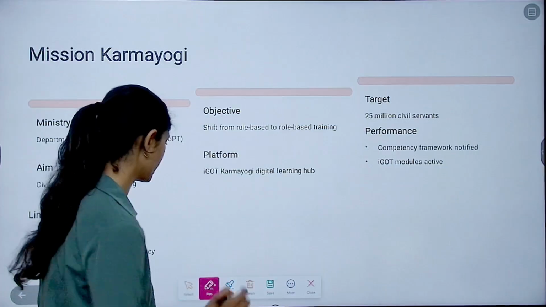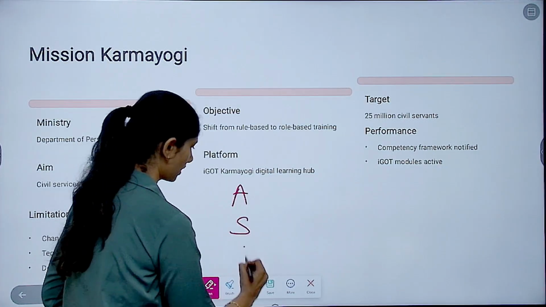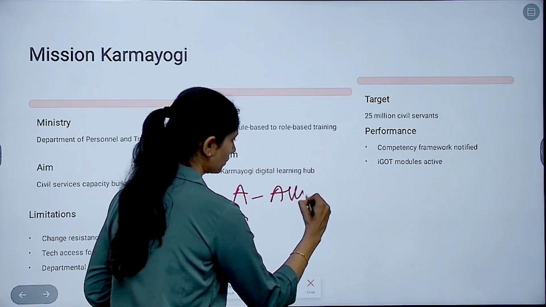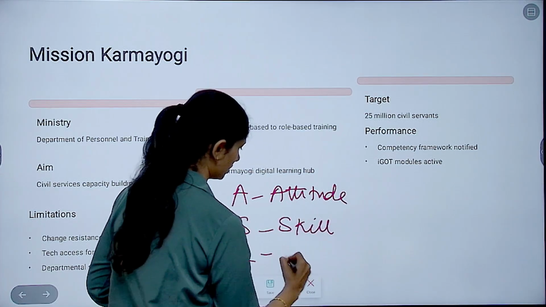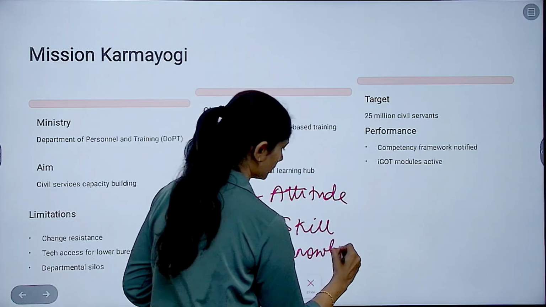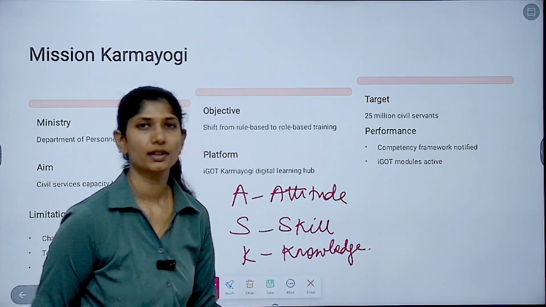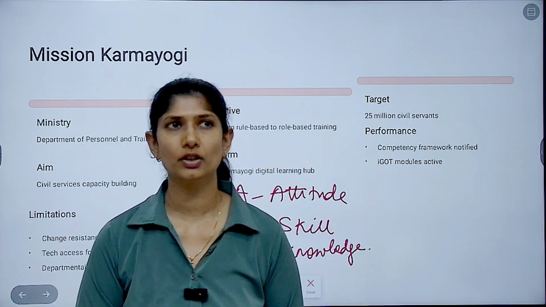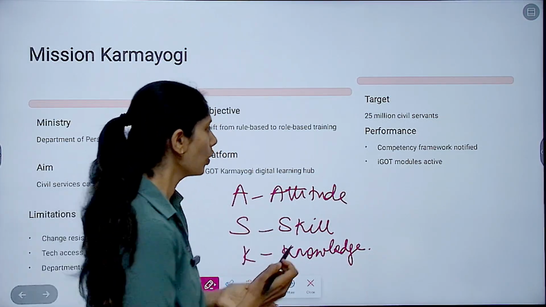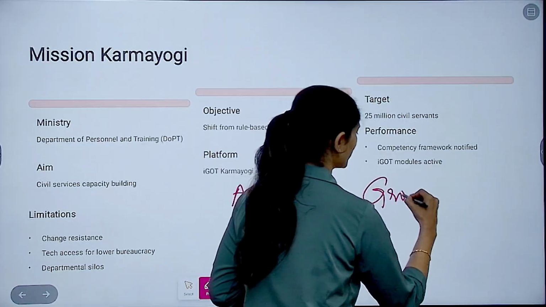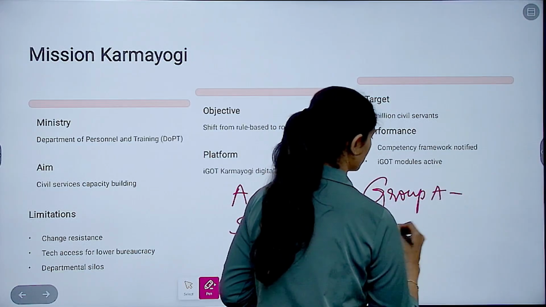That is the keyword here you have to know. Attitude, skill, knowledge. It covers your central government and state government employees, I mean, from your group A to group C services.